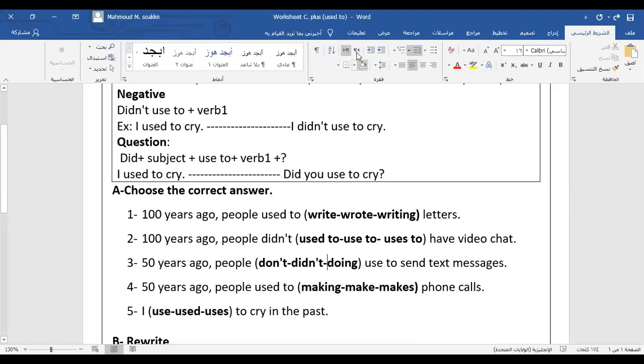Didn't. Why didn't? Didn't is the correct answer, but why? Yes, that's right. I know didn't is the correct answer. Can you tell me why? Because we make negative in the past. When we make negative in the past, we use didn't. Thank you.